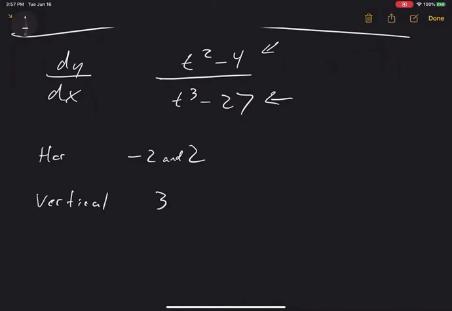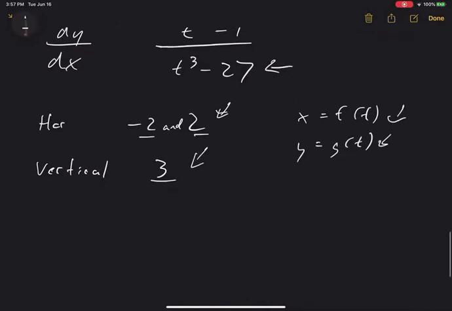If they want x and y values, let's say you were given some parametric equations, x equals f of t, y equals g of t. These are the t values where our tangent is horizontal and vertical. To find the x and y values, you would just plug these t values into these equations.